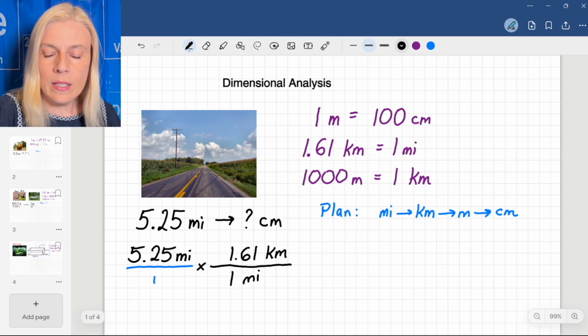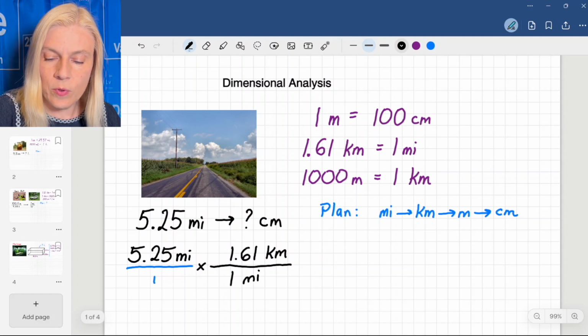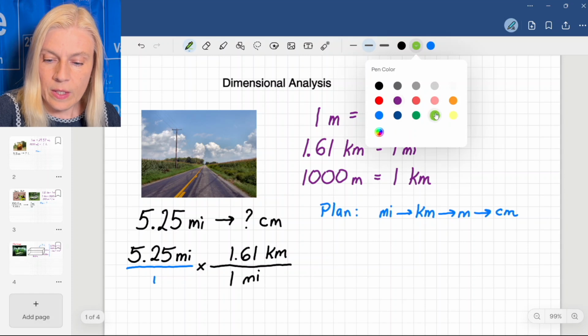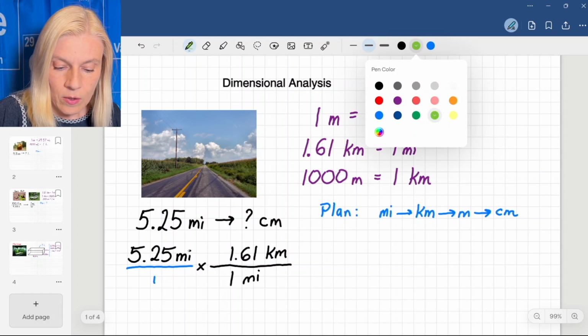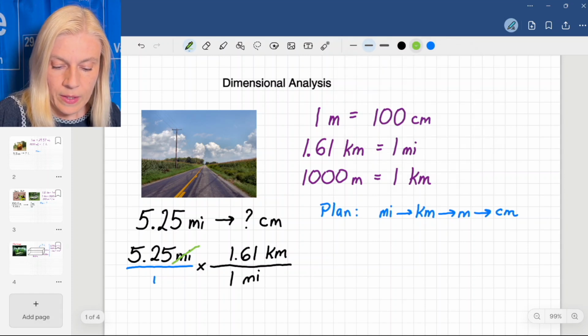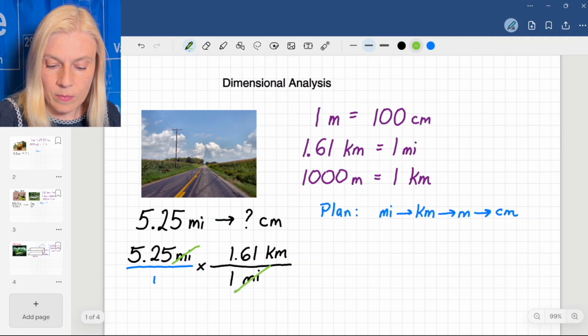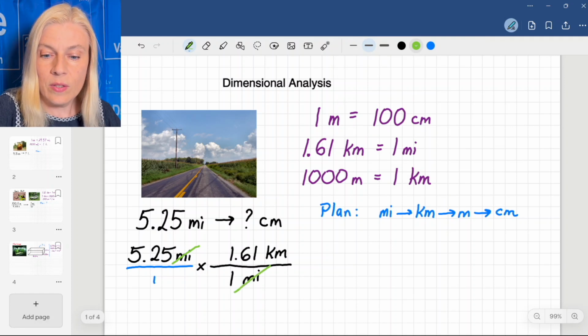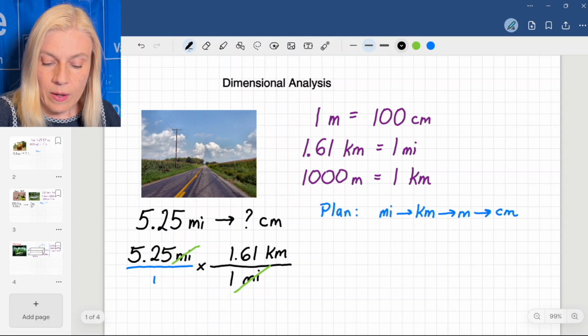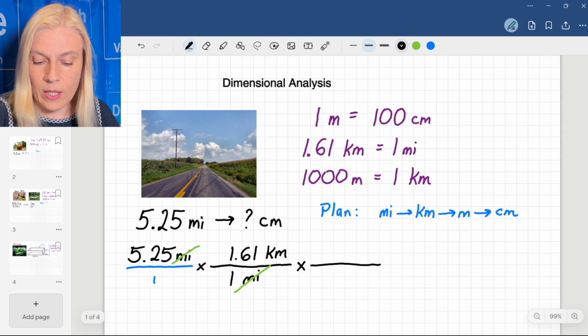Now, this is what's important here. I have to put things in such a way that my units cancel. Look, miles here is on top, and I have to have miles on the bottom, so my units cancel. Do you see it? So now I'm going to keep going, because there's no need to hit the equal sign on my calculator now.